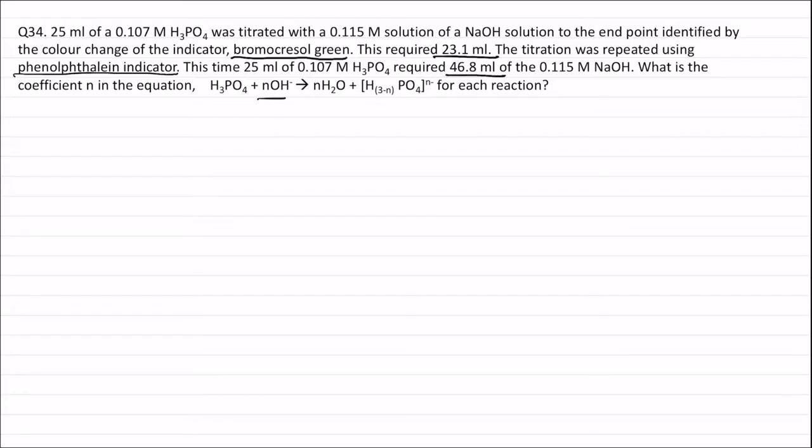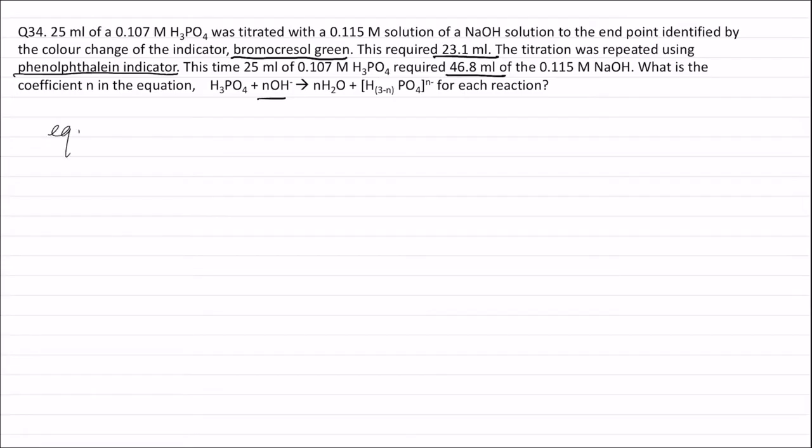The value of n depends upon the number of H plus ions furnished by H3PO4, which in turn depends upon the basicity of H3PO4 or the valency factor of H3PO4. Therefore, the value of n is equal to the basicity of H3PO4, or the valency factor of H3PO4. Now, equivalents of H3PO4 will be equal to equivalents of NaOH.